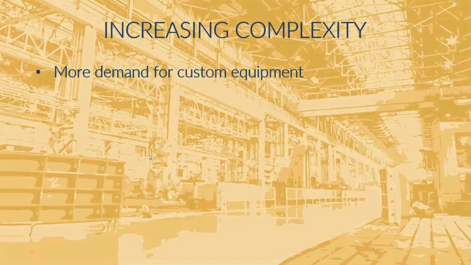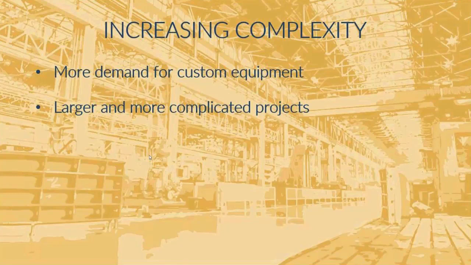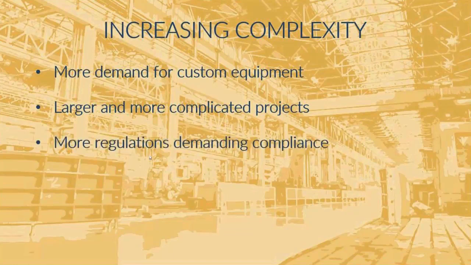So naturally, you're going to have a change in all the equipment that needs to support that manufacturing process. So that is making it more complex. These projects are also getting larger and more complicated. So with larger projects, there obviously is going to be a lot more work, and that's happening simultaneously with the increase in custom equipment that we're seeing there.